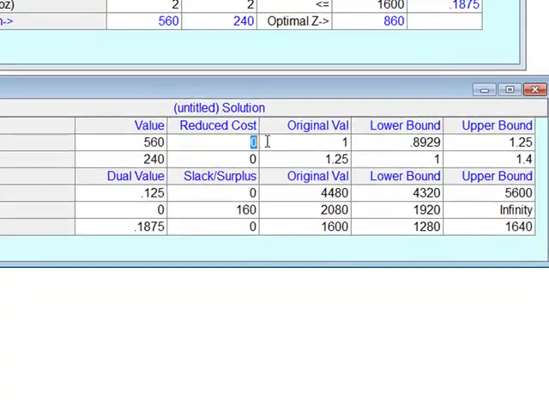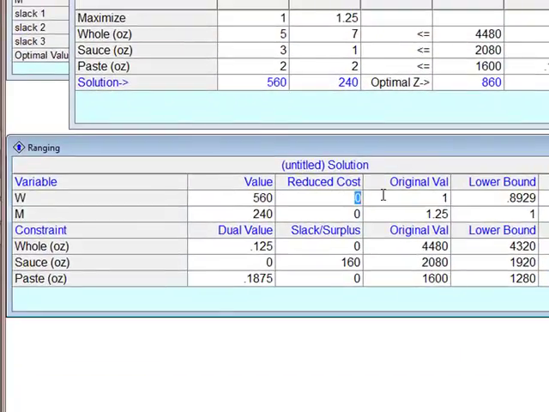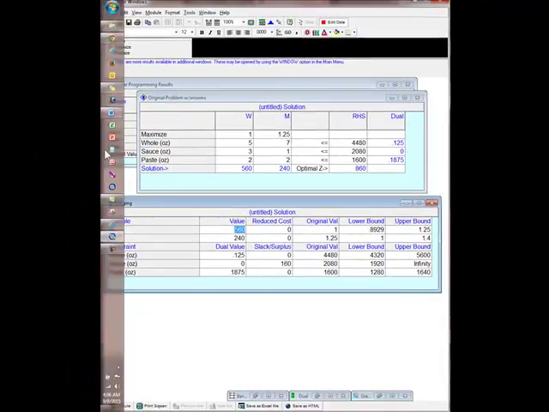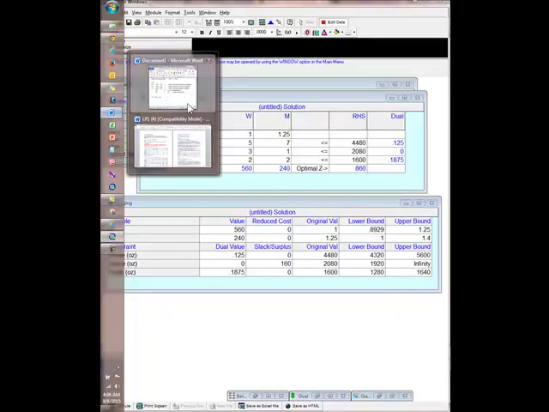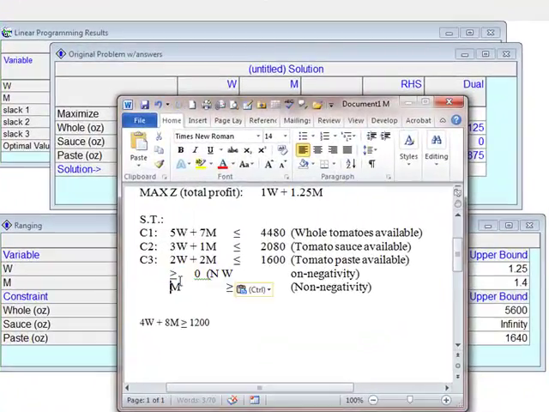So that's why we call it optimality range. Reduced cost, briefly I will mention this. Reduced cost will be zero if the variable has a positive value. Now remember, all decision variables must be greater than or equal to 0, and that's our non-negativity constraints.